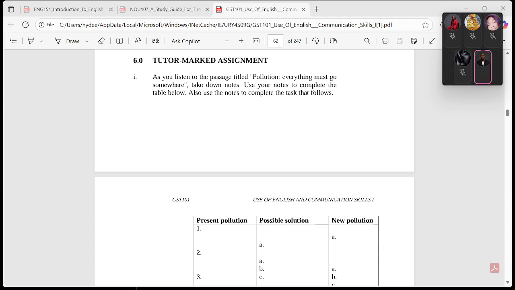This would be for GST 101. That'll be where we'll be posting most of our assignments, and there you'll be seeing them. So you can click there, just use your Google Mail, log in or register. If you have the app, you can download Google Classroom on your Play Store or Apple Store, and then you just log in.